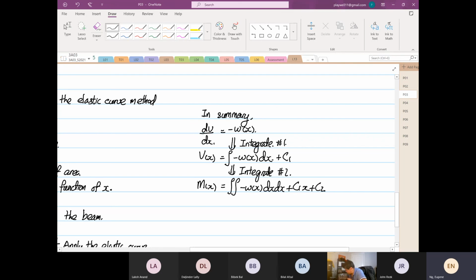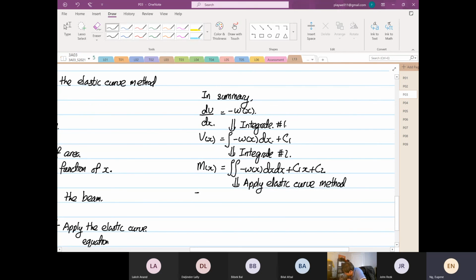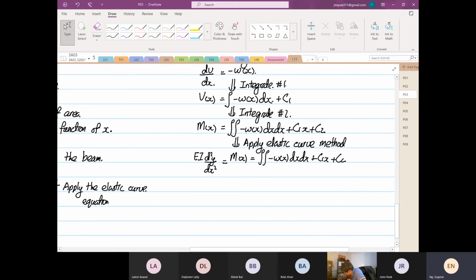Then from here, you apply the elastic curve method. So you have EI d squared y over dx squared is equal to M as a function of x, the whole function again, and then you integrate the 3rd time.